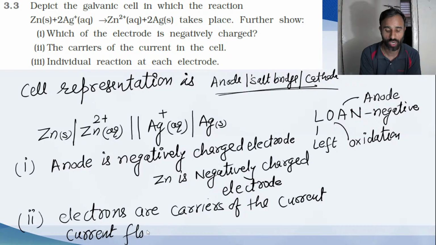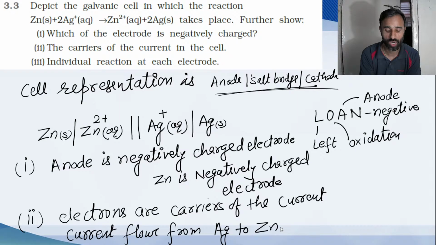Current flows from silver to zinc because electrons flow from zinc to silver. So conventional current is opposite to the electronic current. That's why current flows from silver to zinc.